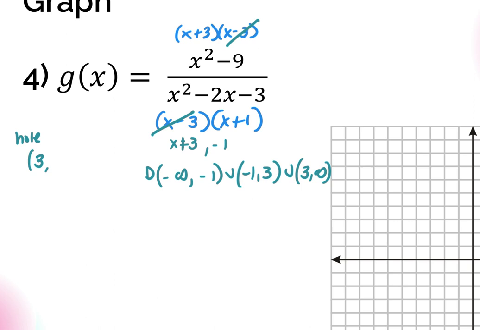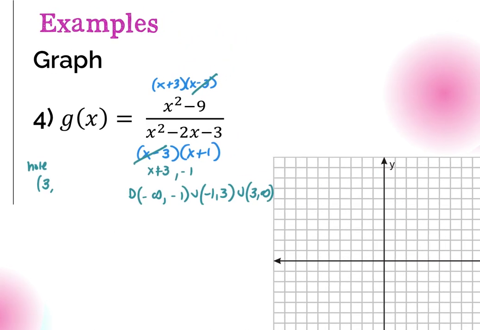So the domain and the x coordinate of your hole, the 3 that we just found. Now everything after this, we use our updated x plus 3 over x plus 1. So if there's a hole, the only 2 things you get from your original are the x coordinate of the hole and the domain of the function.